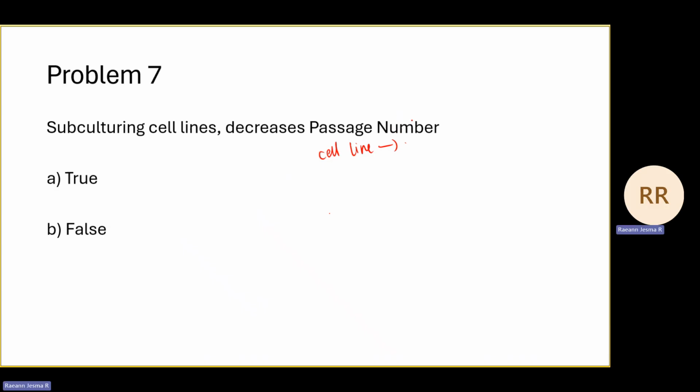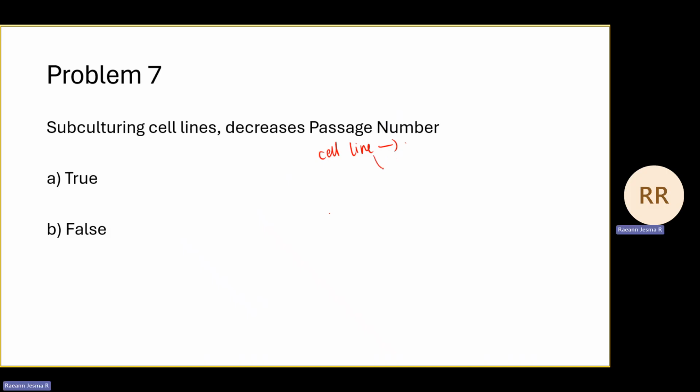So what is a cell line? A cell line is a particular population of cells that can be maintained in a culture for an extended period of time. While these cells are maintained in culture, they will retain the stability of whatever phenotypes they have, and also maintain their cell function.